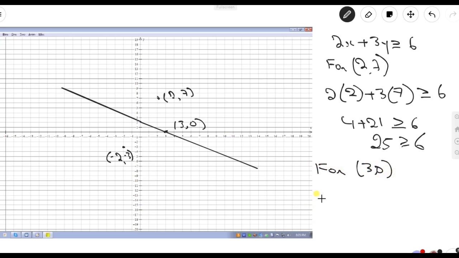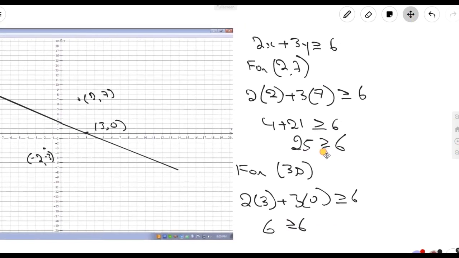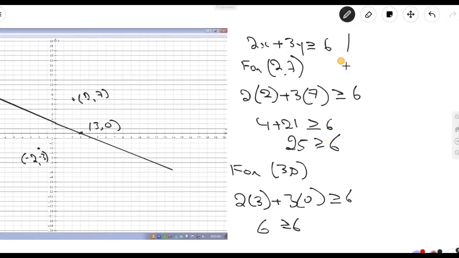So if we just substitute it in the inequation, it is 6 and is equal to 6. Okay, so that's satisfied. Now let us check the last point.